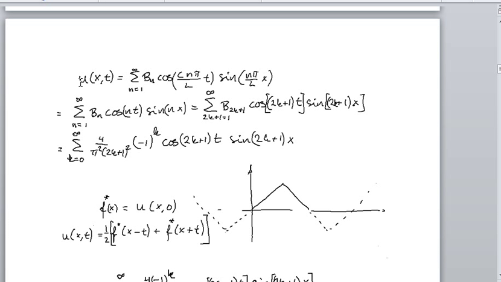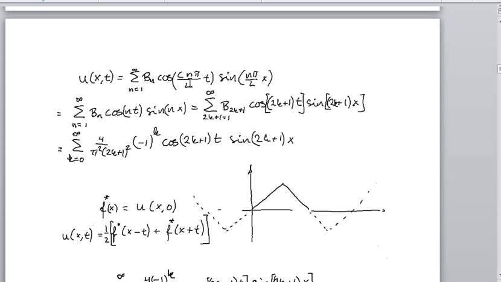We recall that the general expression for u, the displacement in position x at time t, is given by this infinite series. So what we have found in the example is the expression for Bn, and we may insert this.